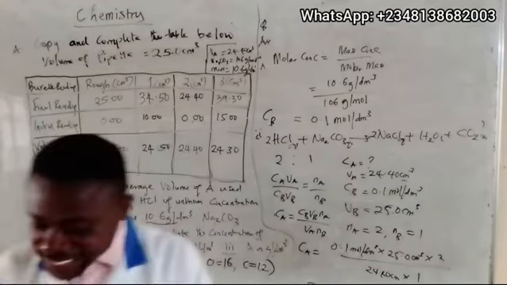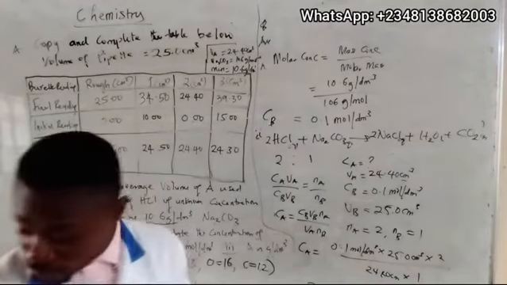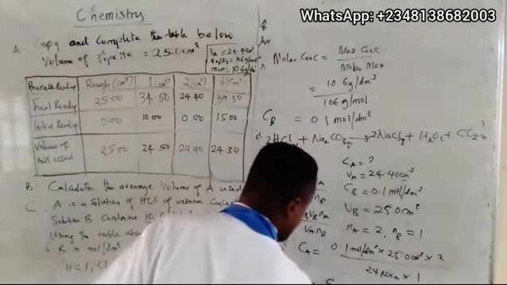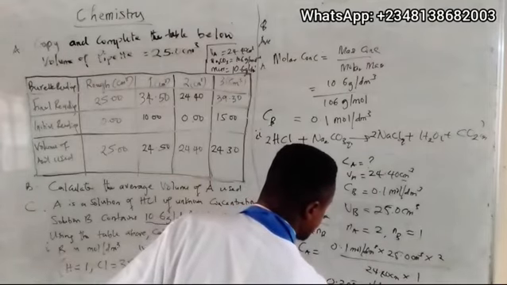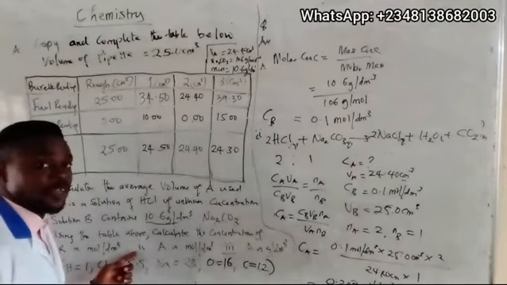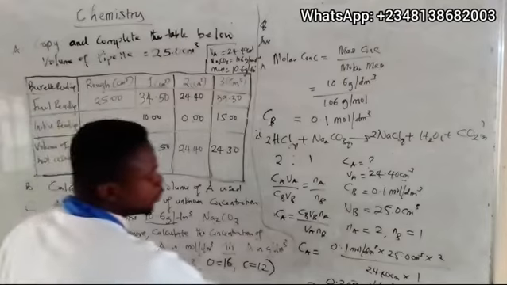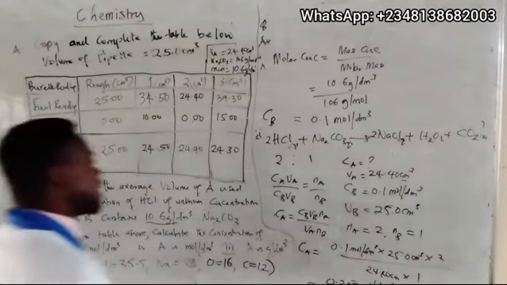If you multiply this out, it will give us 0.205 mole per dm cube. So the concentration of the acid A in mole per dm cube is 0.205 mole per dm cube. Now let's go to the next question.